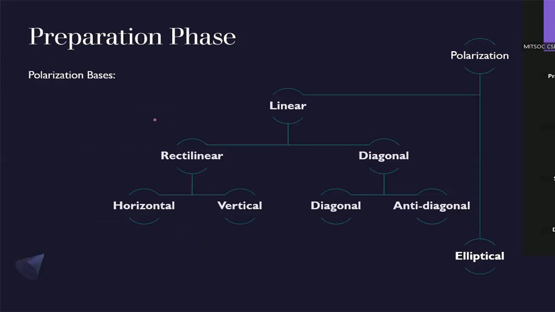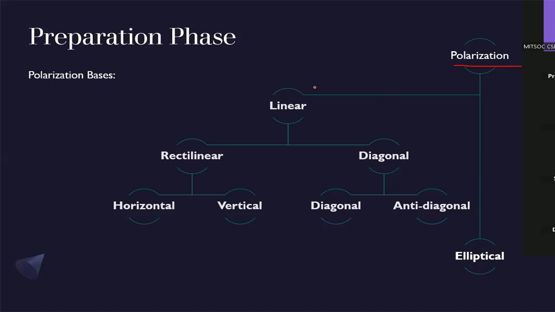Before going to the preparation phase, we must know the types of polarization and which kind of polarization we mostly use in basic quantum cryptography. Polarization can be broadly categorized into two types: linear polarization and elliptical polarization.